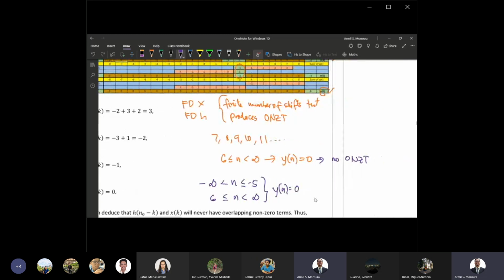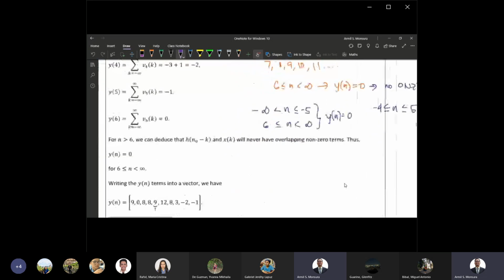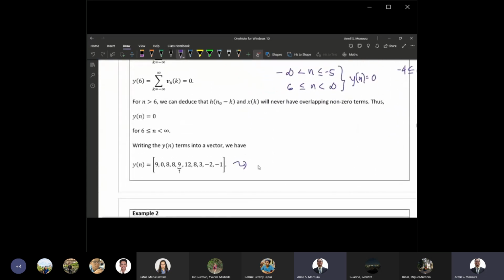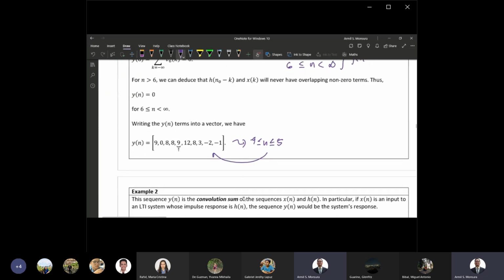So saan lang merong non-zero yung y of n niyo? Yung y of n niyo ngayon is defined from n equals negative 4 hanggang positive 5. So from negative 4 to positive 5, ito yung magiging sequence y of n niyo.